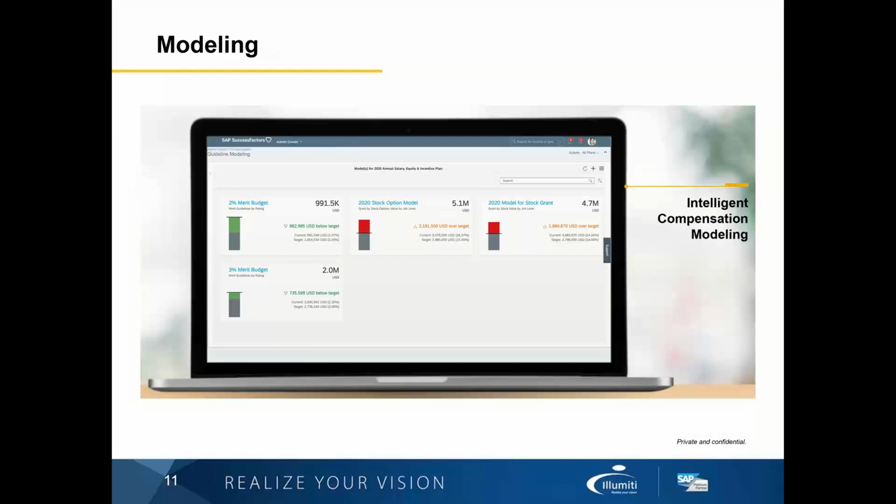And so this is a look at the modeling piece we'll be seeing today in the demonstration. What I like about this particular bit of functionality is that it lets you see some of the outcomes of potential decisions before you have to make them. So if you're talking about setting certain guidelines around merit budgets, a certain percentage versus another, or certain awards and proration guidelines and how they might be impacted by recent hires and things like that, these modeling components will allow you to see the outcome and also make recommendations.